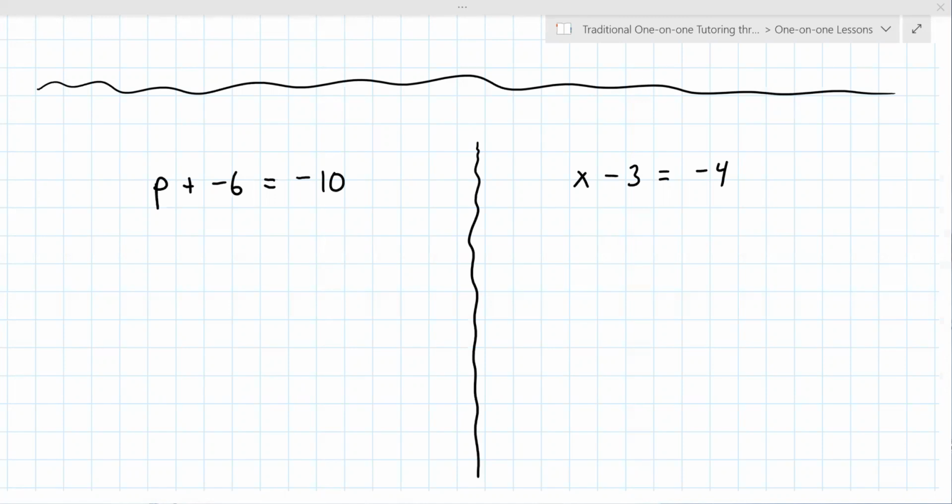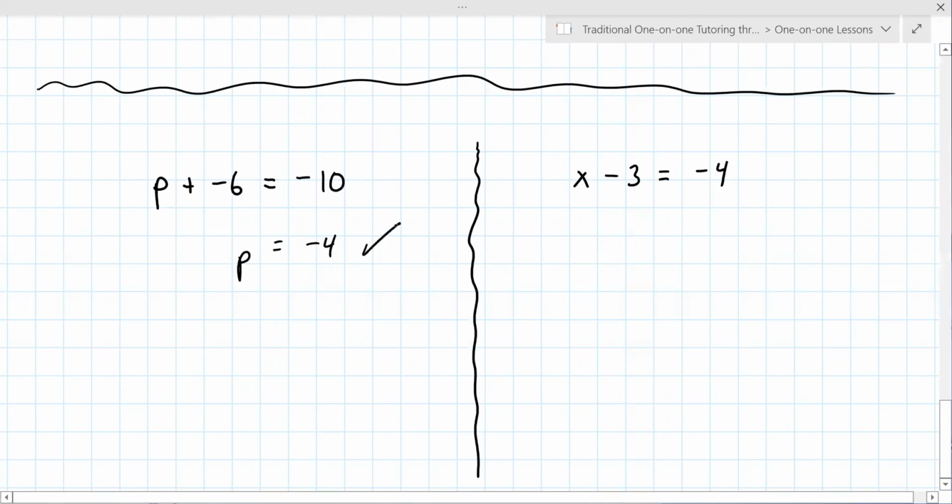The first one would be -4. P equals -4, yes. -1.